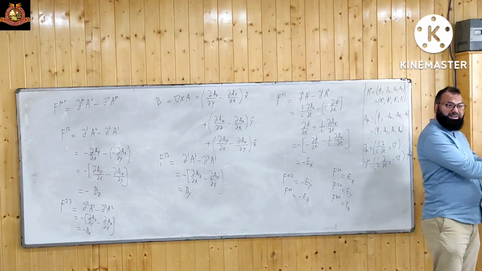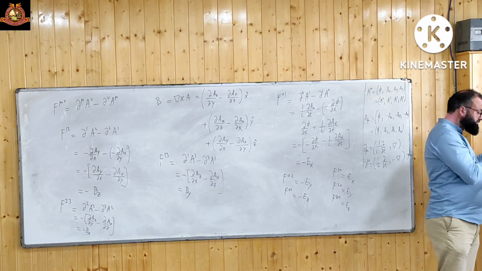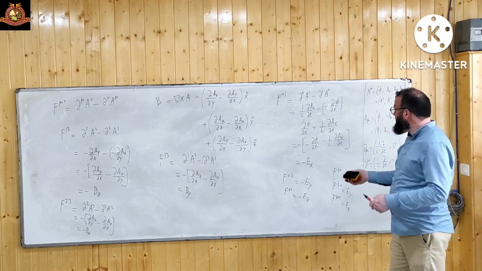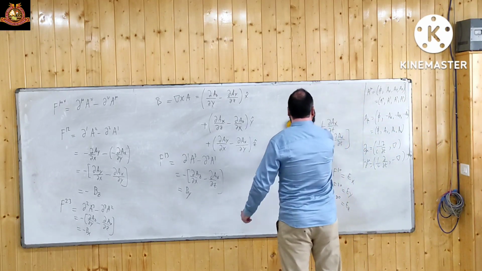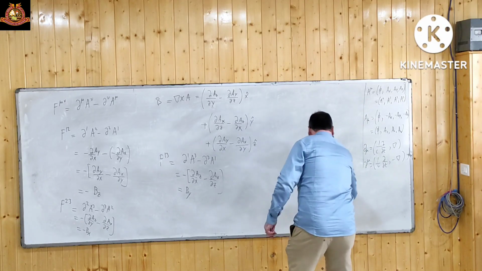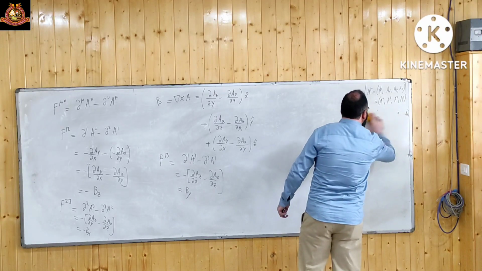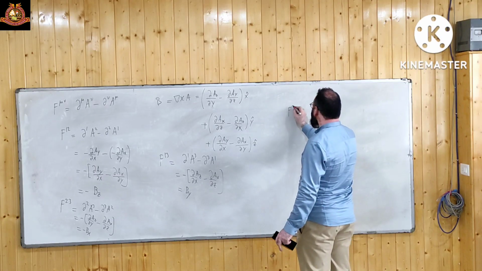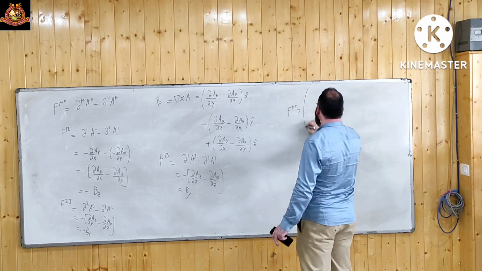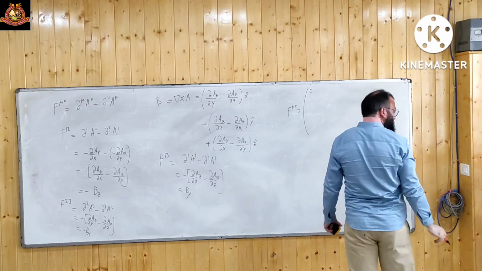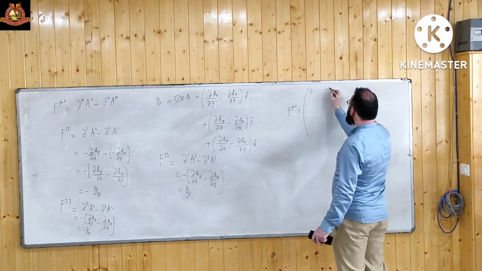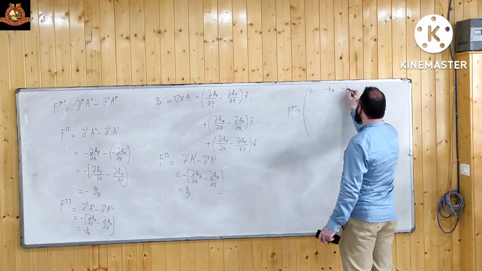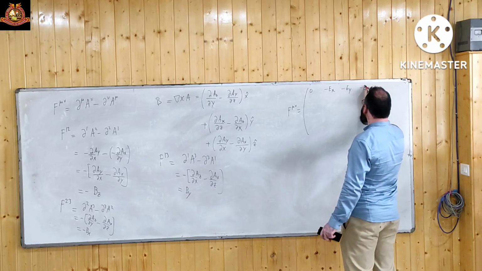Shall I now write this matrix F mu nu? So let's write. Our matrix F mu nu starts with 0, then you have minus EX, minus EY, and minus EZ.